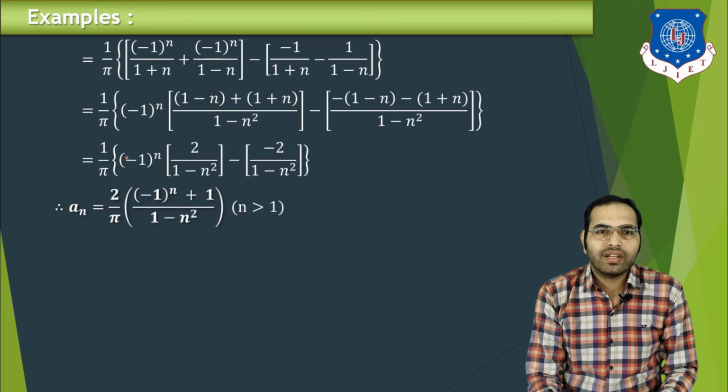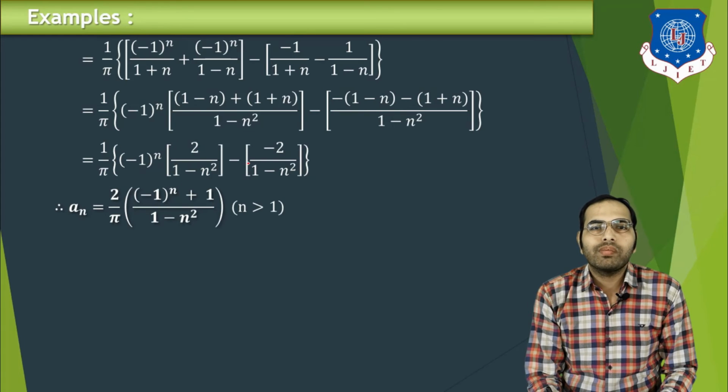Now simplifying, we get 1 upon pi, minus 1 raised to n, 2 upon 1 minus n squared, minus 2 upon 1 minus n squared. Here in the numerator 2 is common, which gives 2 by pi, minus 1 raised to n plus 1 upon 1 minus n squared, where n is greater than 1. If we substitute n equal to 1 in this equation, the denominator becomes 0.